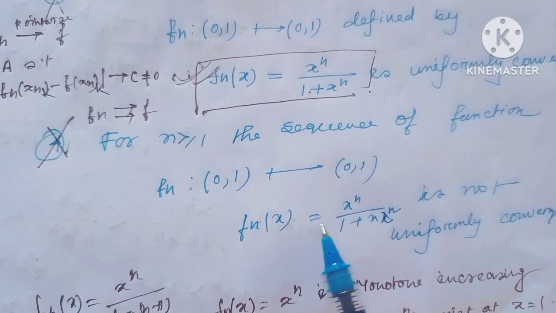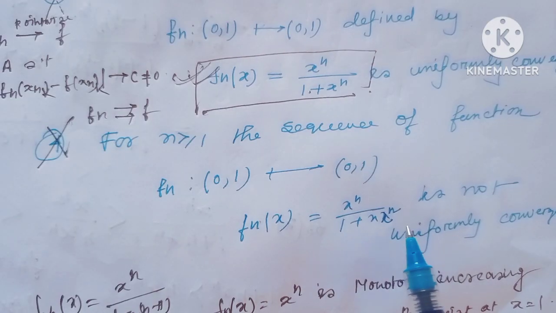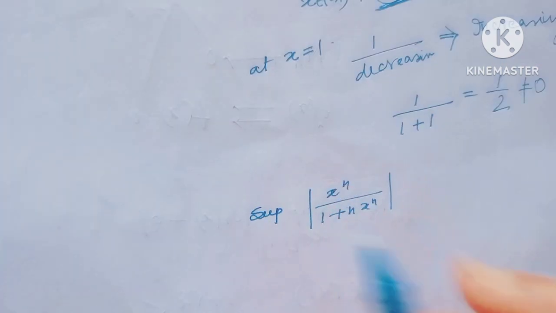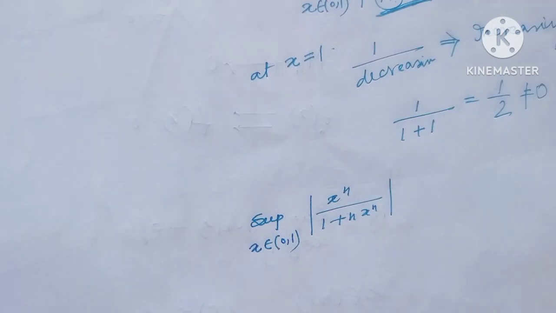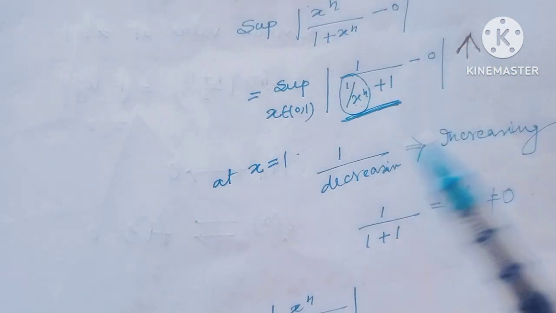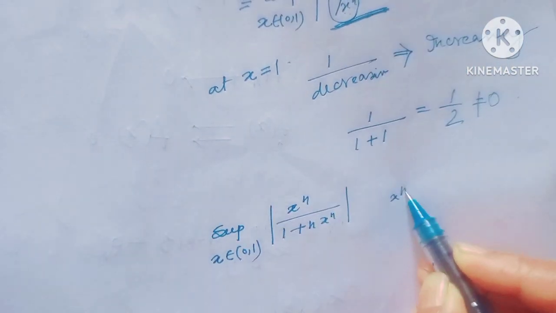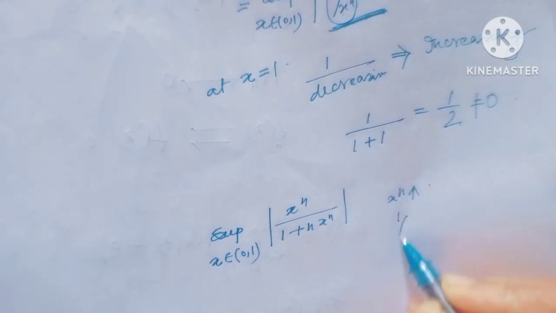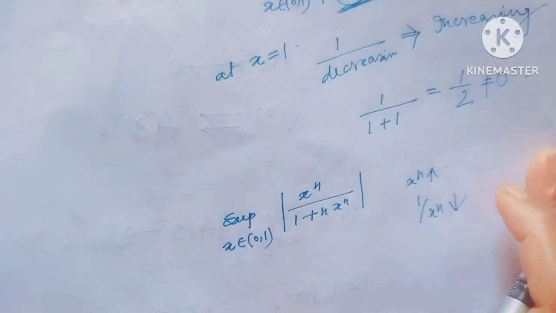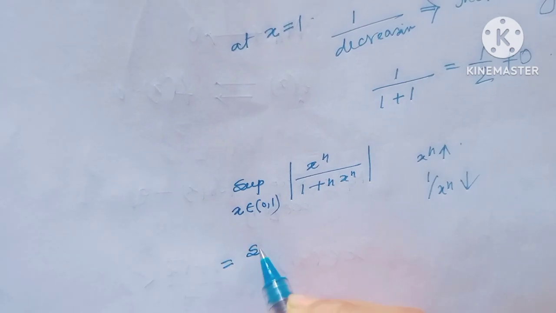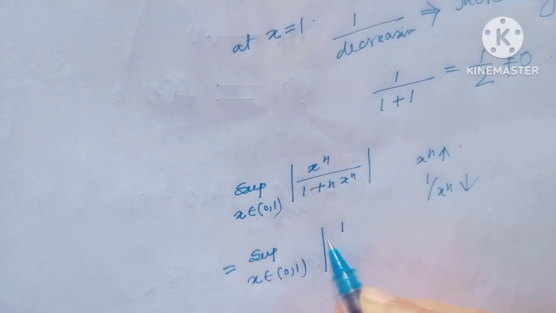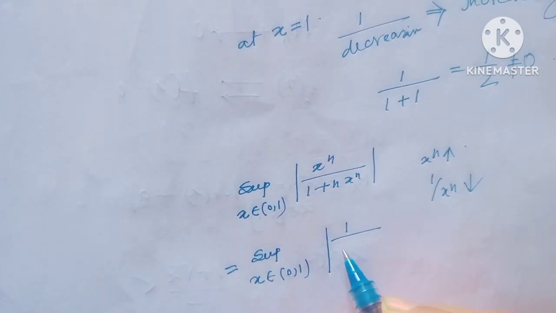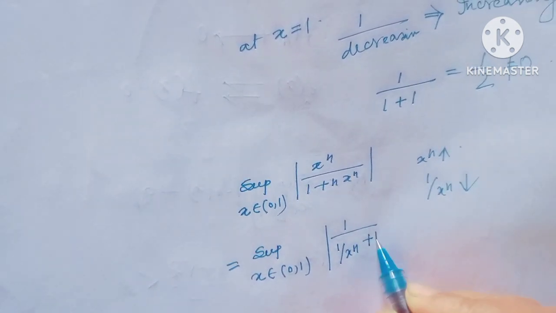Finally, here f_n(x) = x^n over (1 + n x^n). For this, the supremum over x in the open interval (0, 1) of x^n over (1 + n x^n). Here, similar to this, x^n is monotone increasing. Therefore, 1 over x^n is monotone decreasing. We can write this as the supremum over x in (0, 1) of 1 over (x^n + n).